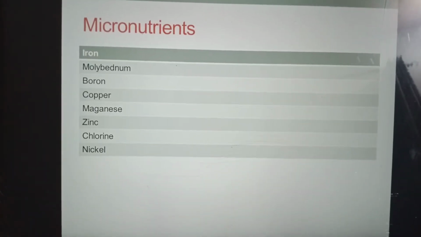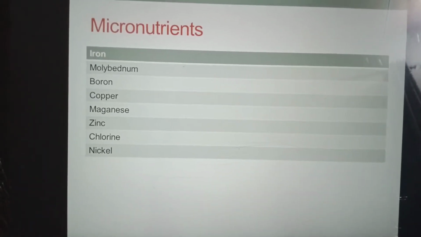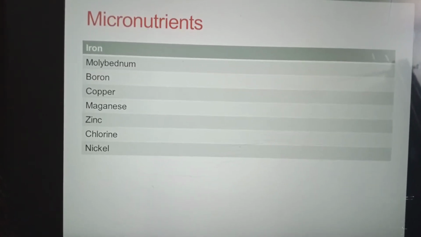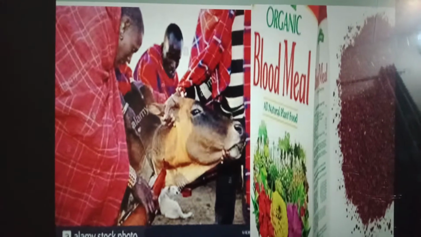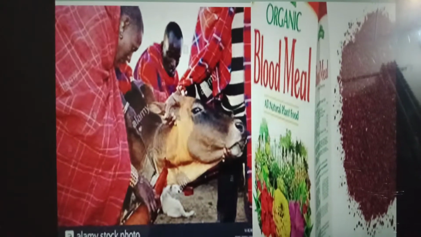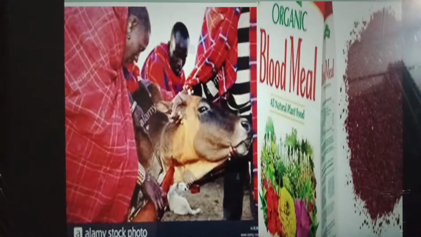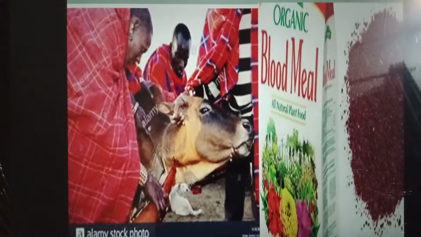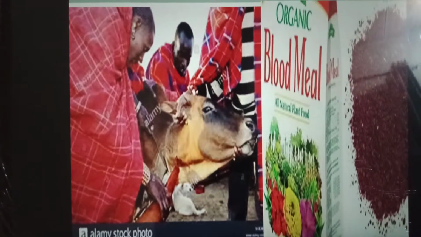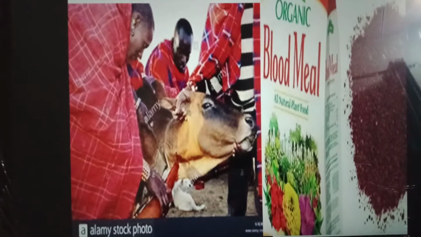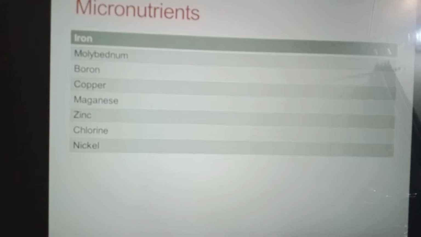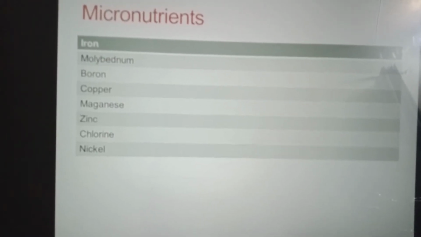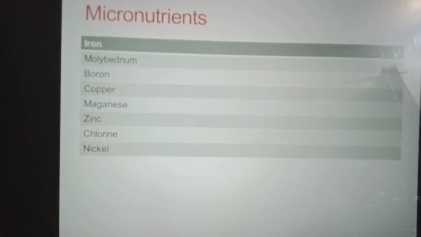And now I will discuss micronutrients, which are iron, molybdenum, boron, copper, manganese, zinc, chlorine and nickel. Did you know that blood meal from slaughtered animals is a good source of iron, which is essential for photosynthesis and activates many enzymes? Second is boron, which is important in sugar transport, cell division and synthesizing certain enzymes.